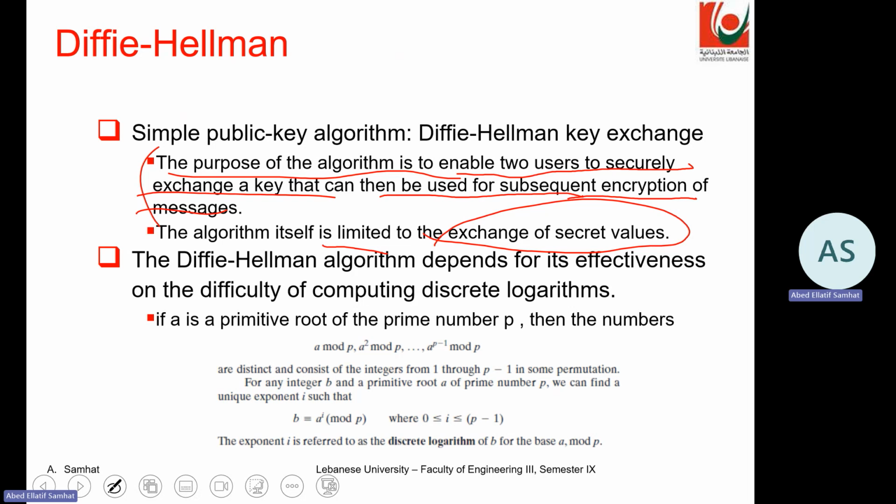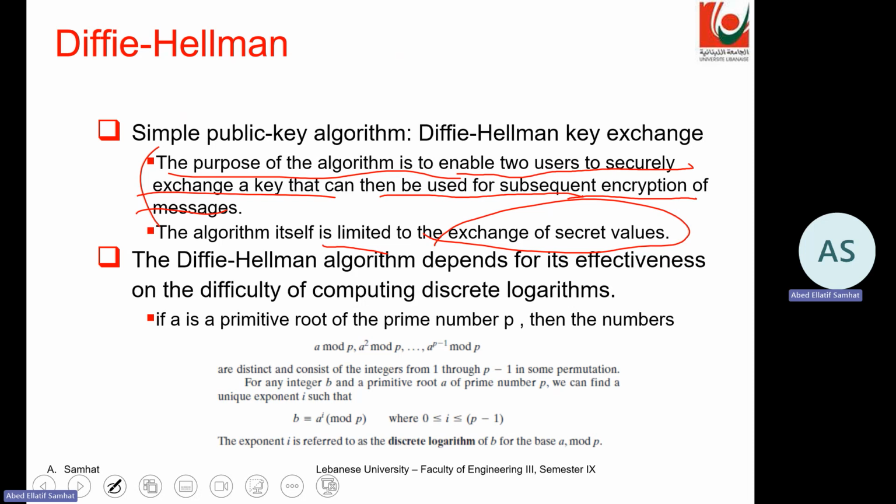So with Diffie-Hellman, we are not doing an encryption like, for example, RSA or other encryption algorithms. The essential here is just to exchange the secret key. After exchanging the secret key, it's possible to have, for example, symmetric encryption like DES or AES.